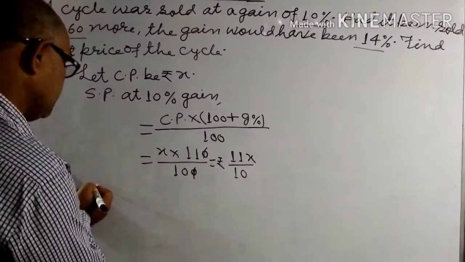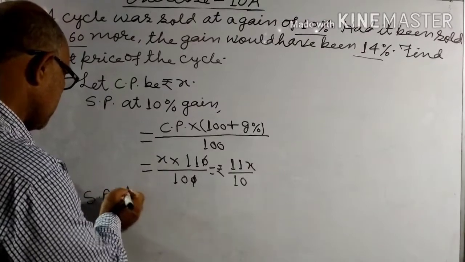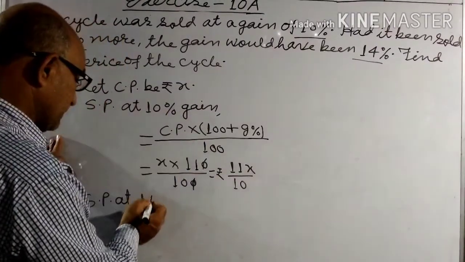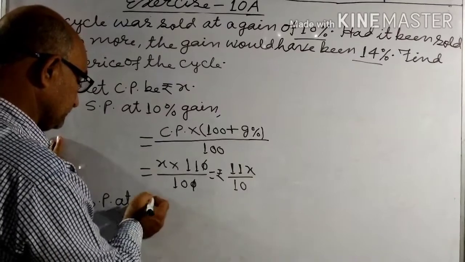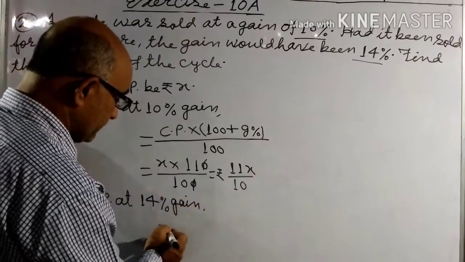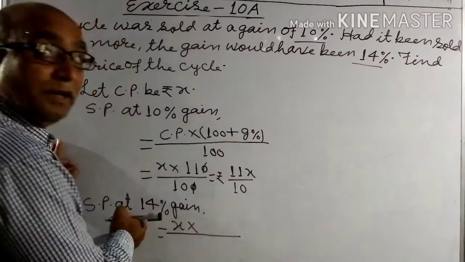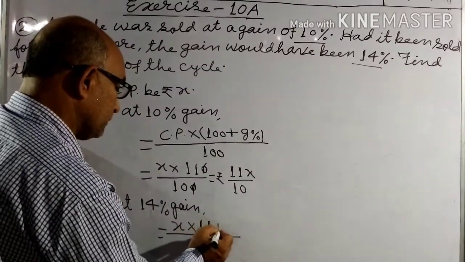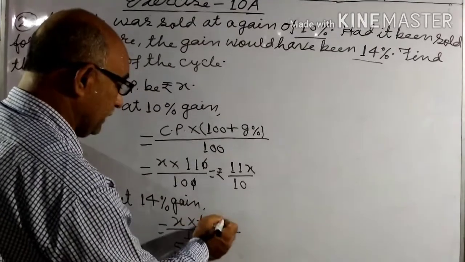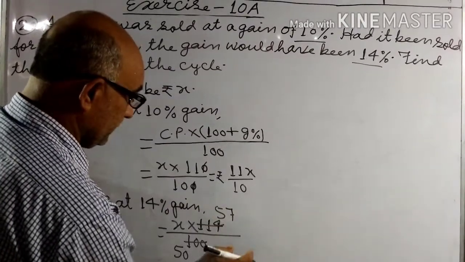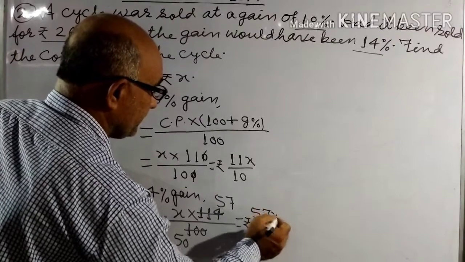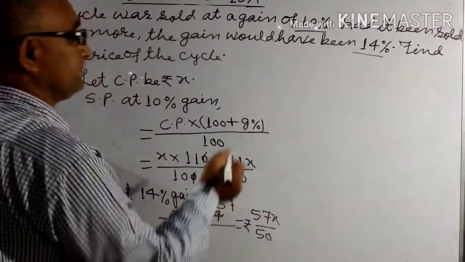Next term is SP at 14% gain equals X, CP, into 100 plus gain, 114 by 100. 2 fifty and 57 is 2 fifty equals rupees 57x by 50.